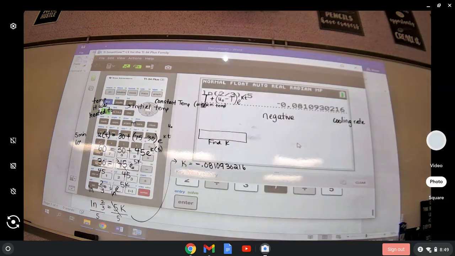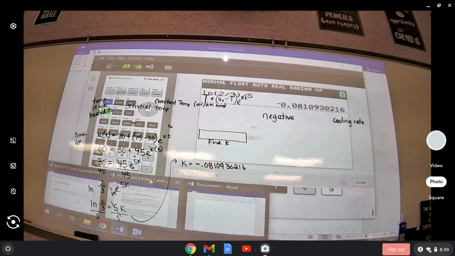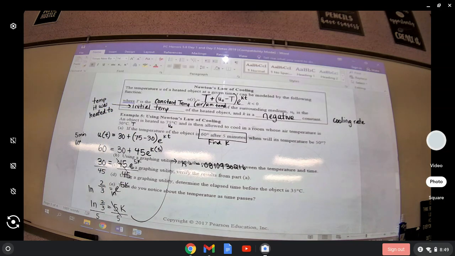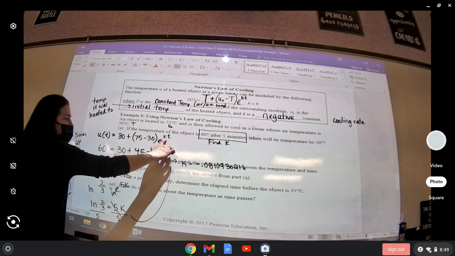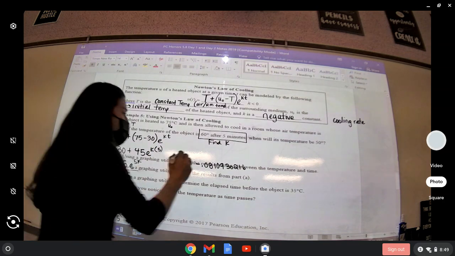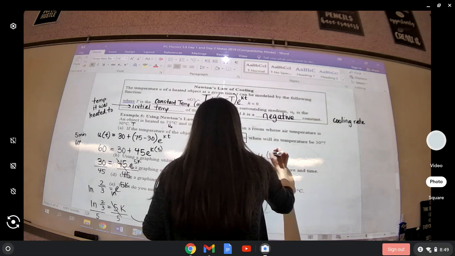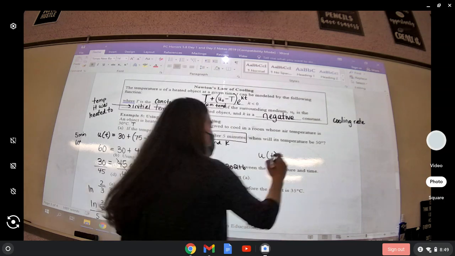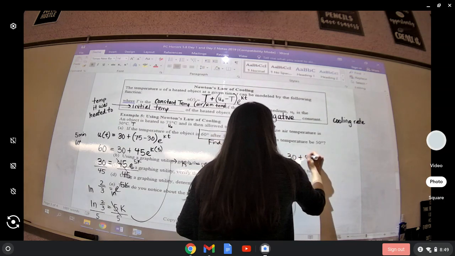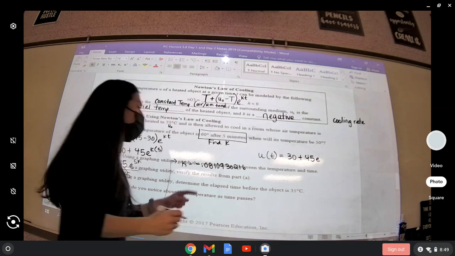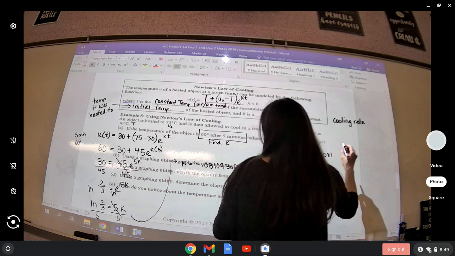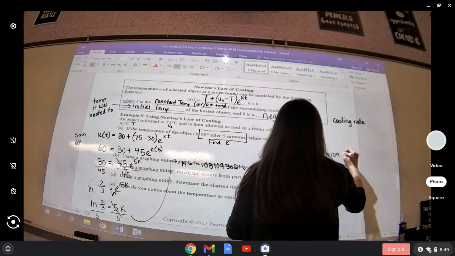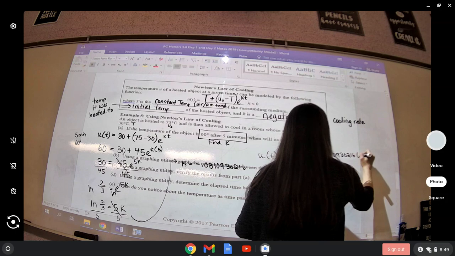Okay. Leave it on your screen, don't clear it. So now that I know K, guys, plug it into your formula, but make sure that's 45 because we have a cleaner version of it now. So now we know U of T equals 30 plus 45 times e to the negative 0.0810930216T.